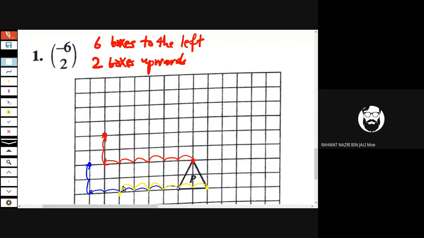Okay. Kemudian ke atas sebanyak 2 petak. Di akhir sekali kita akan dapat, guna pensel, dilukis segitiga di sini.